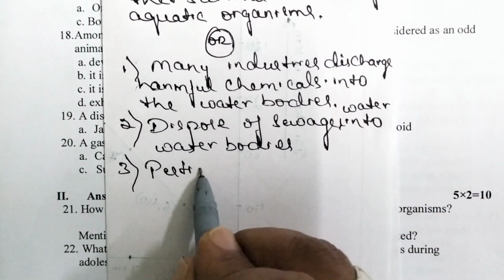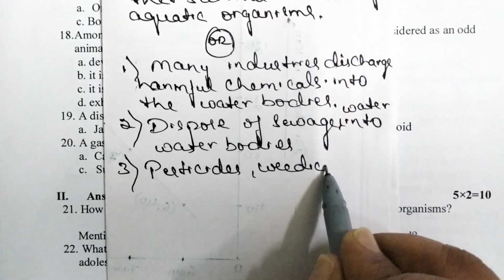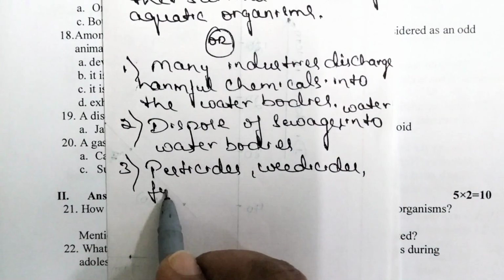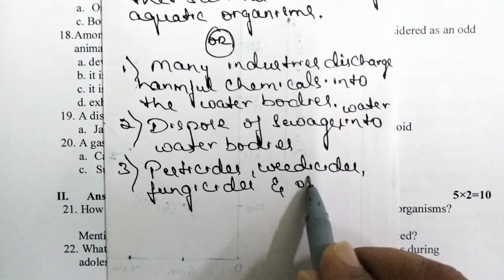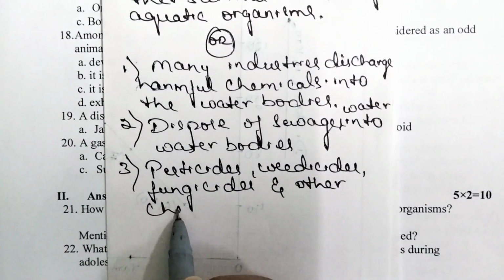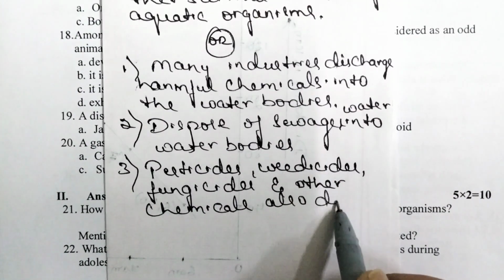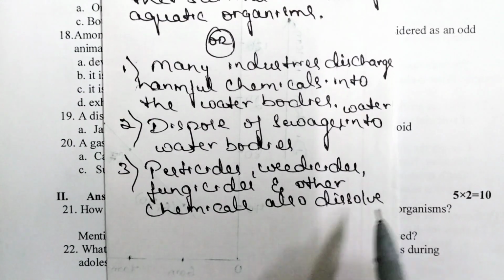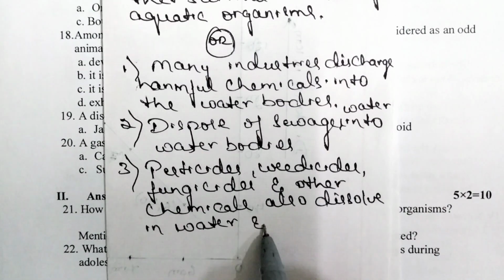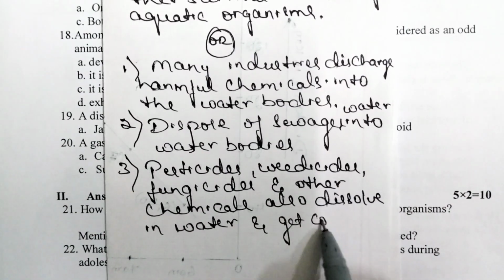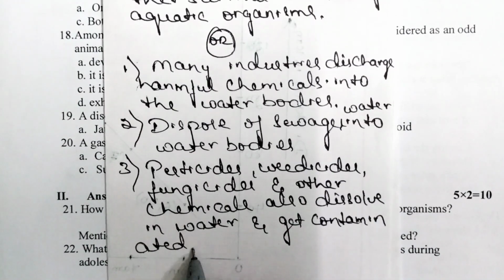Next, pesticides. In agricultural fields, we use pesticides, weedicides, fungicides and other chemicals, which also dissolve in water and the water gets contaminated.